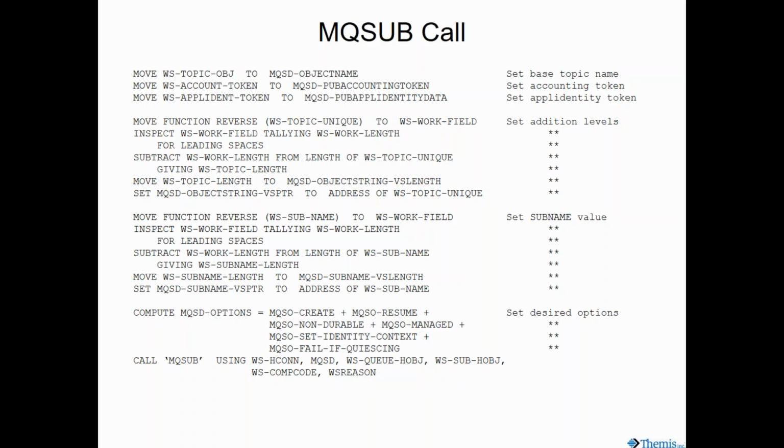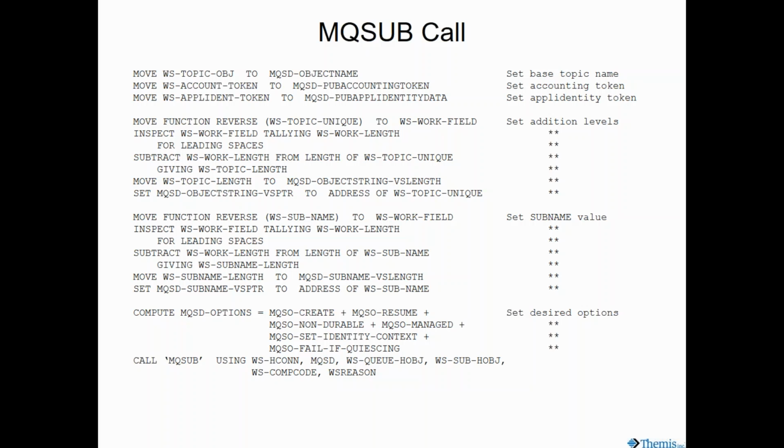Okay, subtract that length from the length of the topic unique. And if you go back, and I don't want to go flying back, I had the length of the topic predefined. I shouldn't say that.